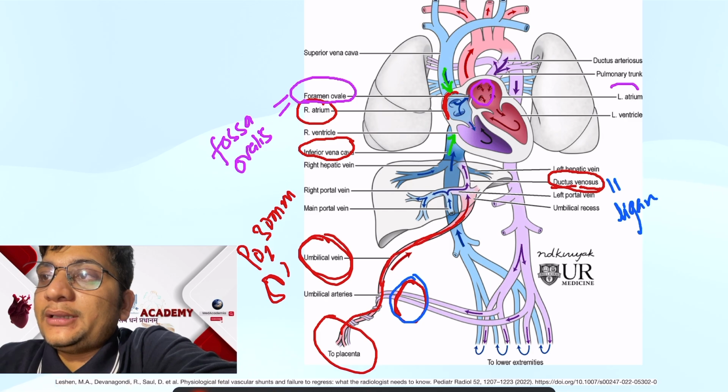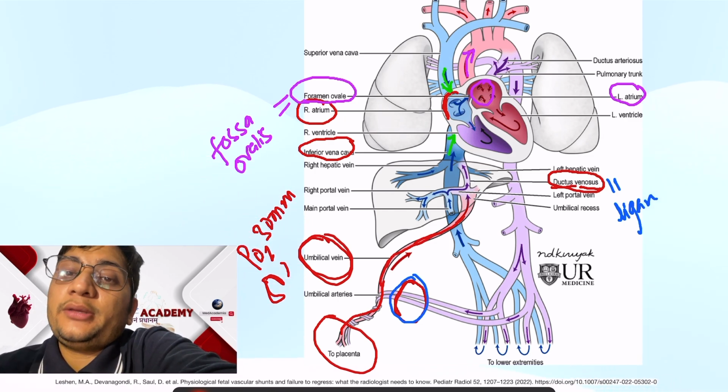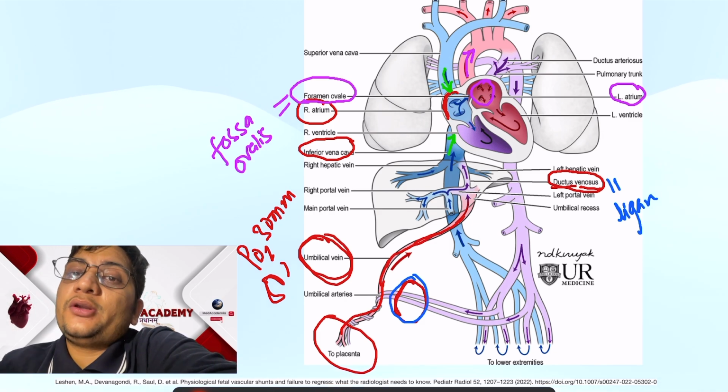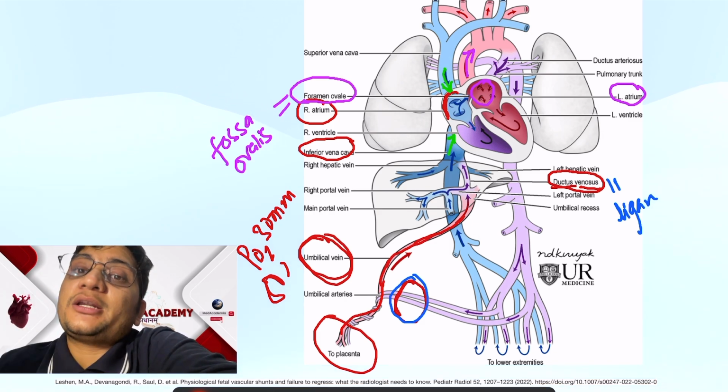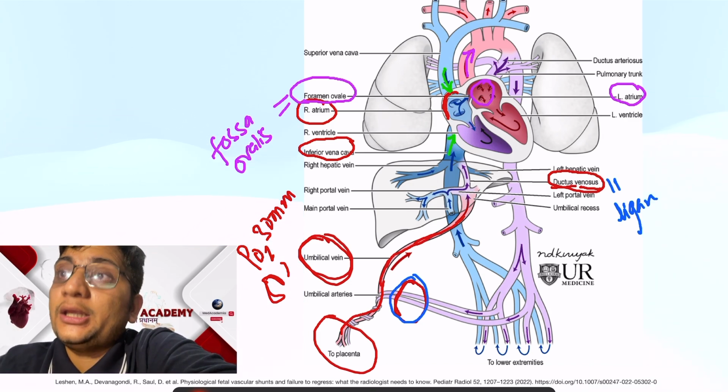Now the blood from the left atrium passes into the left ventricle, and from the left ventricle through the ascending aorta it enters into the circulation, which provides the blood supply to the head and upper part of the body of the fetus. The blood then eventually enters into the heart again through this superior vena cava.